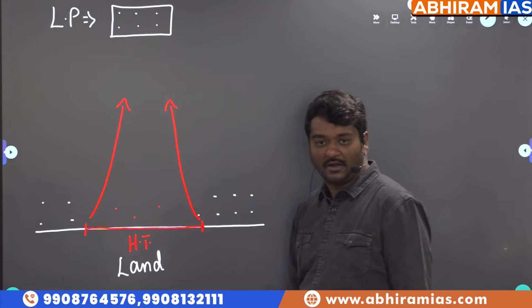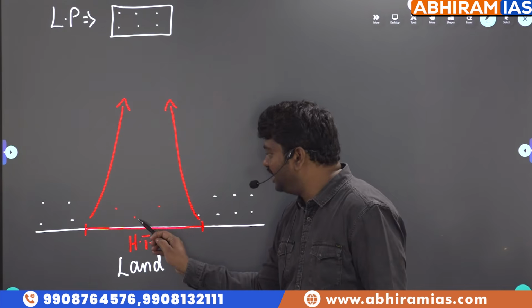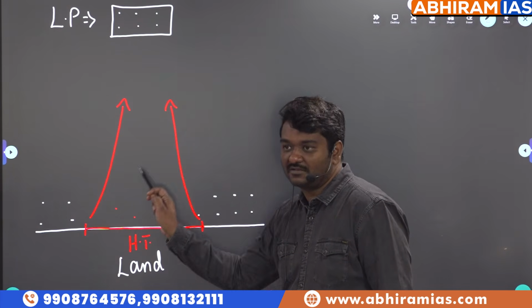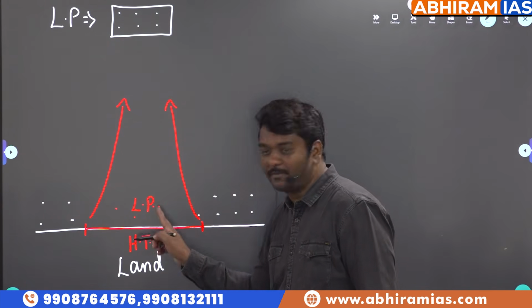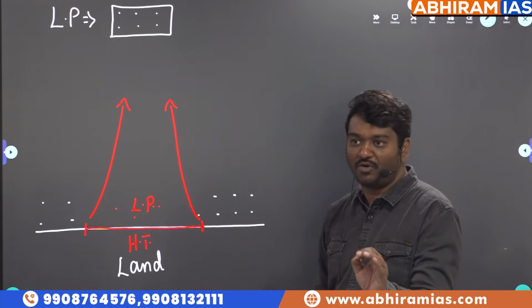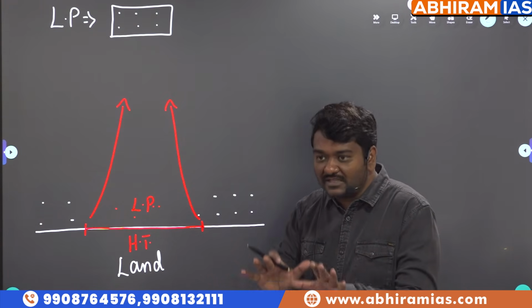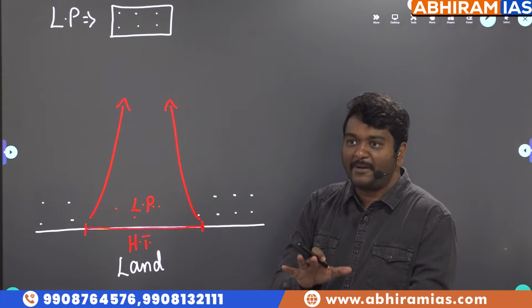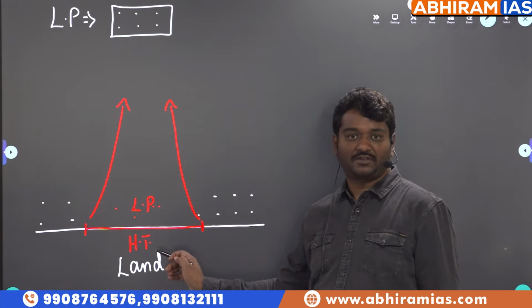Okay, now my point is, high temperature is leading to less number of particles. Less number of particles means what? Low pressure. A very simple question to you all. Please think and tell. Am I talking about earth surface temperature or am I talking about air temperature? Earth surface temperature.